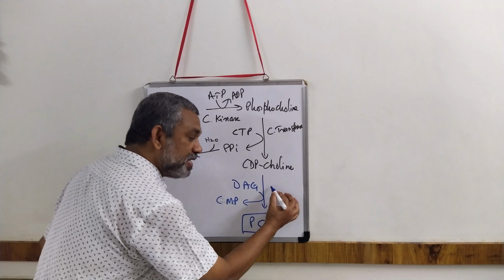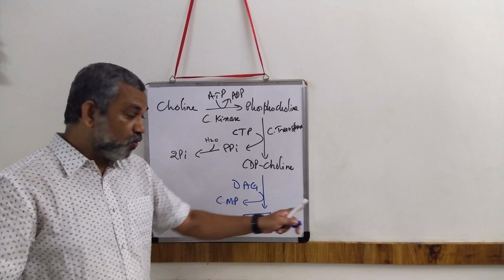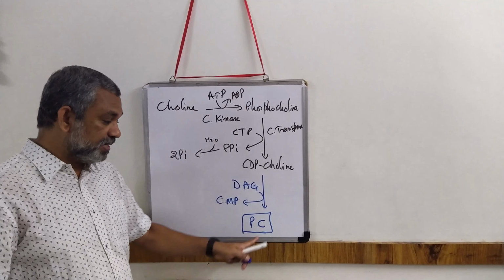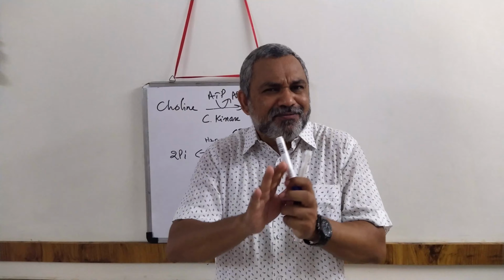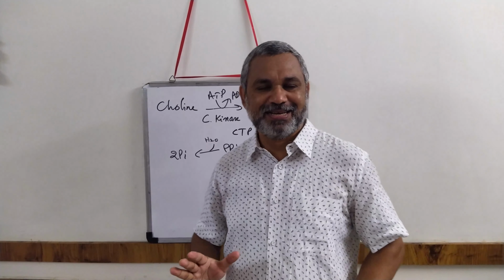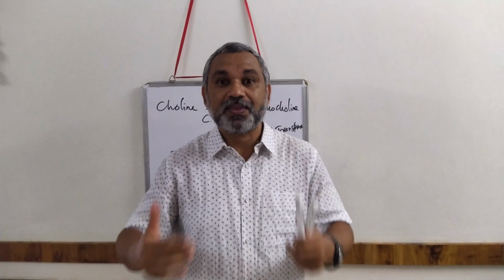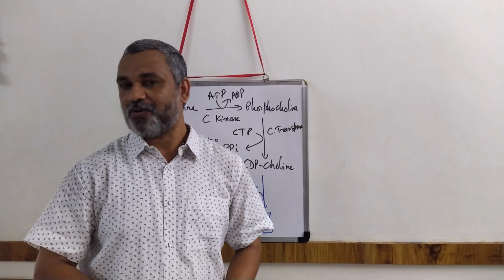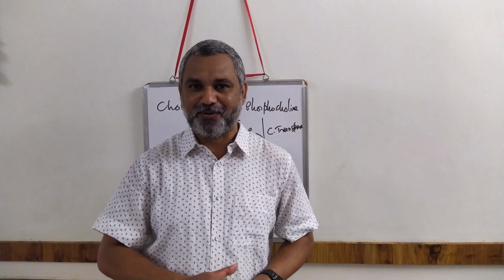The name of the enzyme here is phosphocholine transferase. So we will get phosphatidylcholine. You see, in very simple reactions, we have learned two ways to synthesize phosphatidylcholine. This is how phosphatidylcholine will be synthesized in the body.